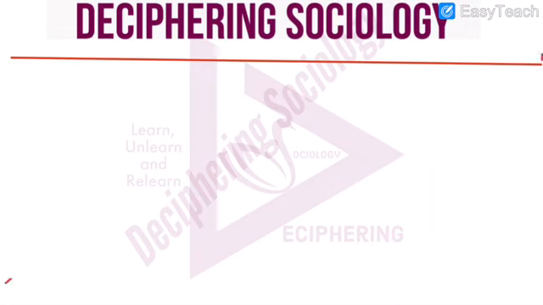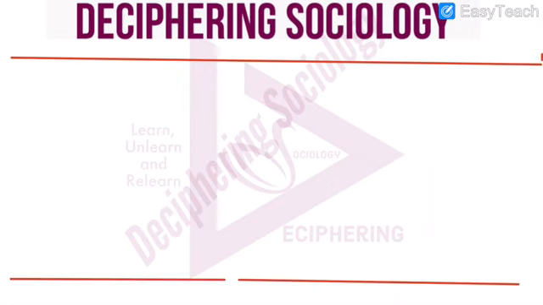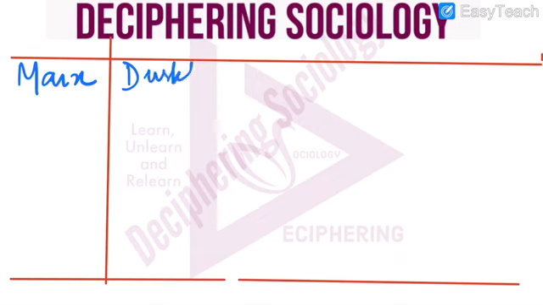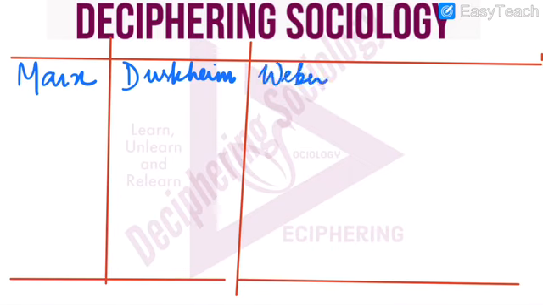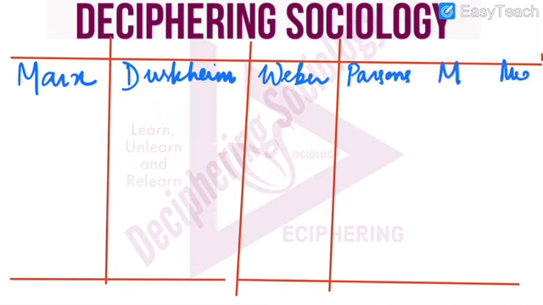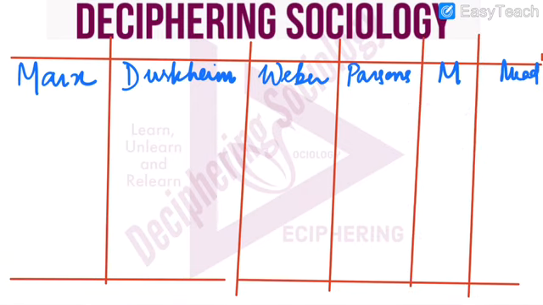For example, I have Marx, I have Durkheim, I have Weber, then Parsons, Merton and Mead.